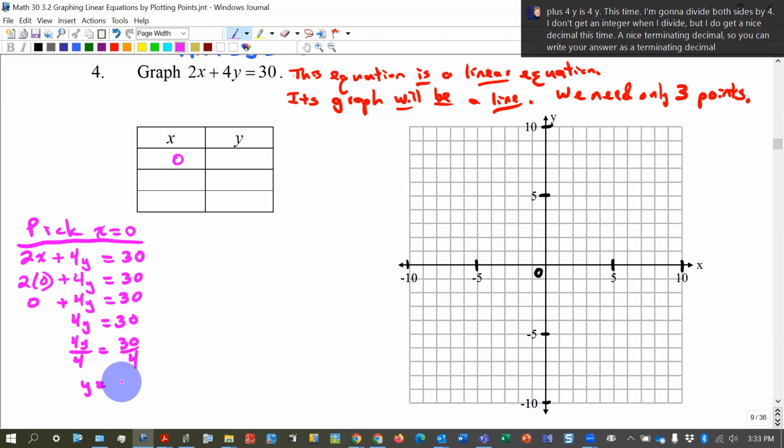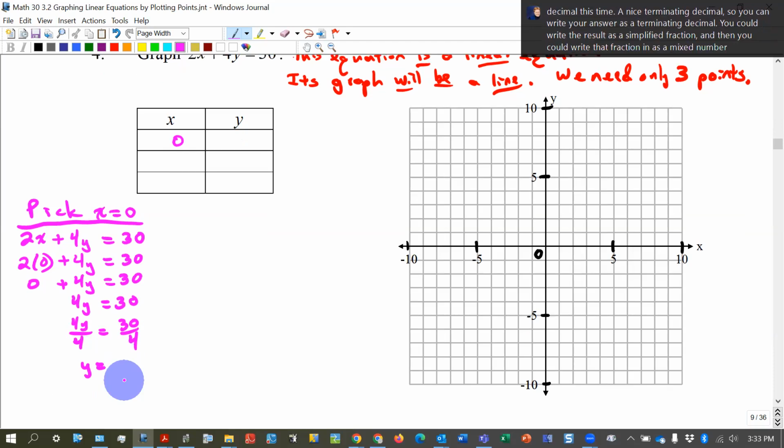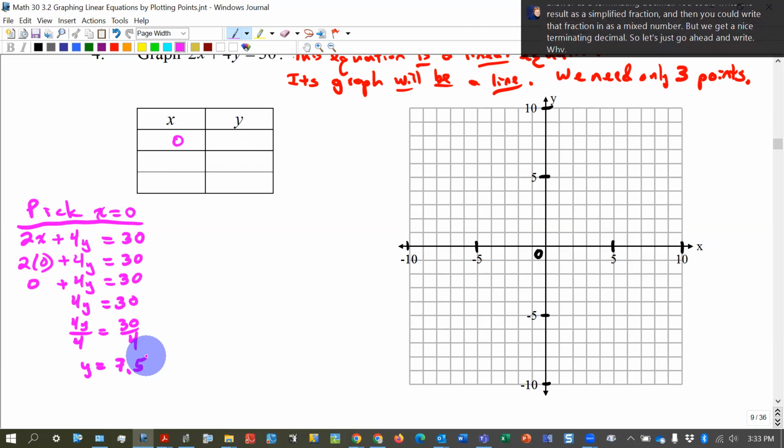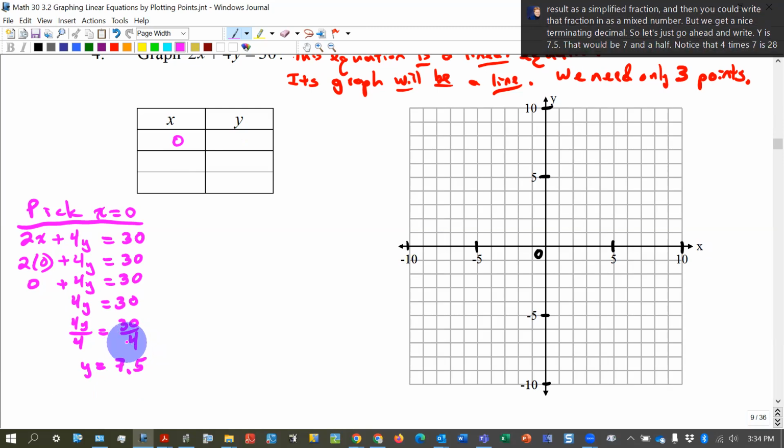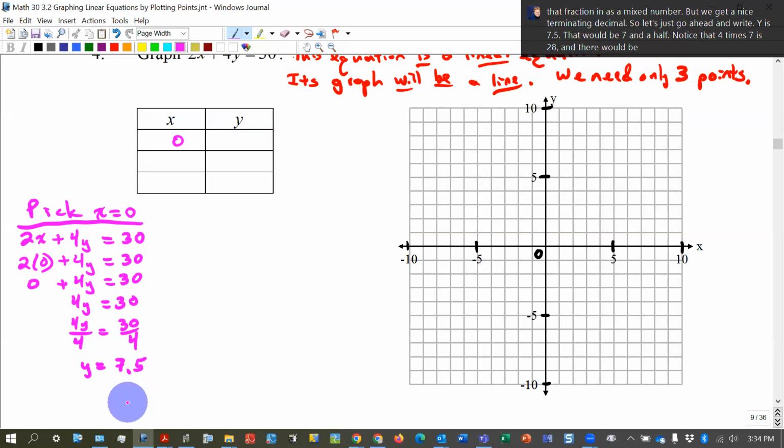So you could write your answer as a terminating decimal. You could write the result as a simplified fraction, and then you could write that fraction as a mixed number. But we get a nice terminating decimal, so let's just go ahead and write Y is 7.5. Notice that 4 times 7 is 28, and there would be 2 left over.